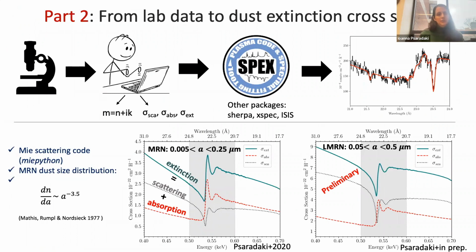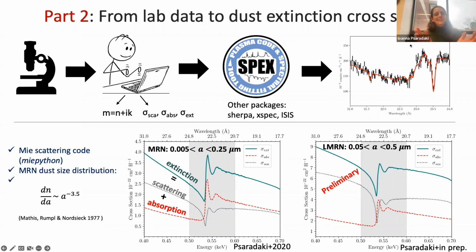I won't talk about it in detail now, but briefly, what we need to do is calculate the complex refractive index, the optical constants, and then we calculate the scattering, extinction, and absorption efficiency. Later on, we also assume a preferred dust size distribution to calculate the total dust extinction.